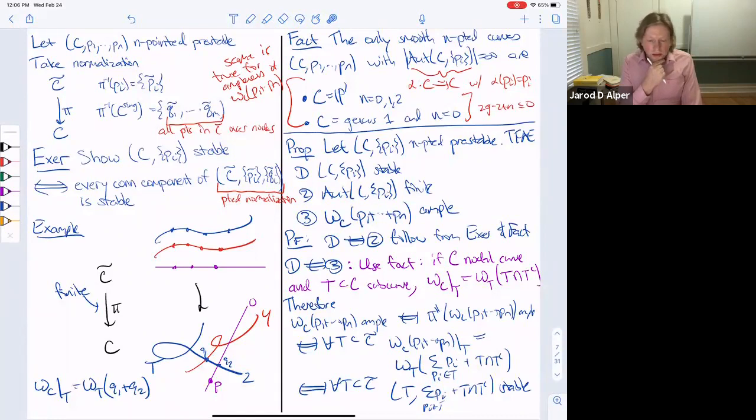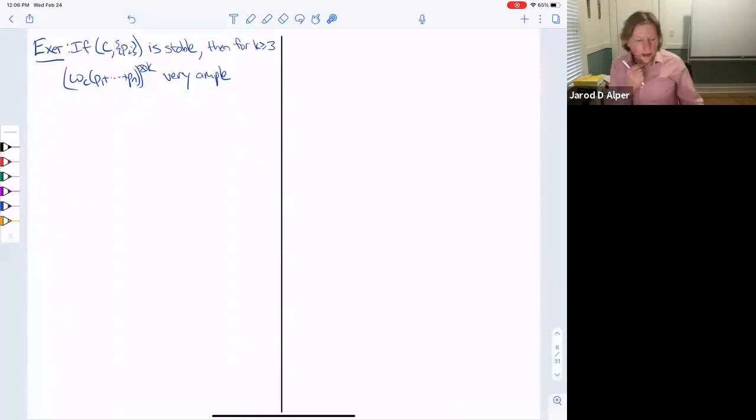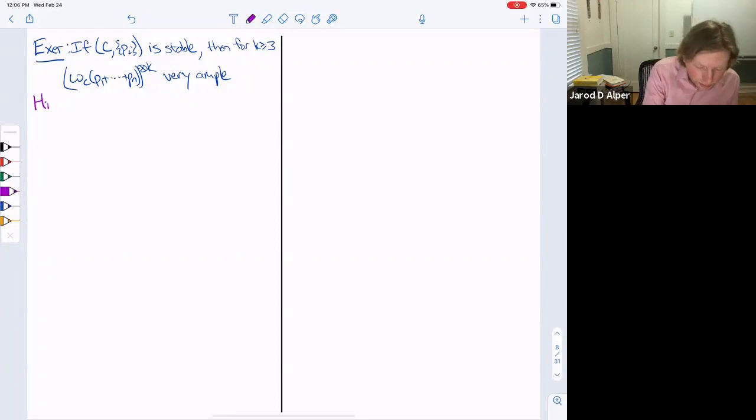Okay, so we know for a stable curve that if I take omega C and twist by these points, it's ample. And just like with smooth curves, it's useful to know when it's very ample, because then you can use this embedding for a variety of reasons. So I'll just leave this as an exercise, but I'll tell you essentially the strategy to do it.